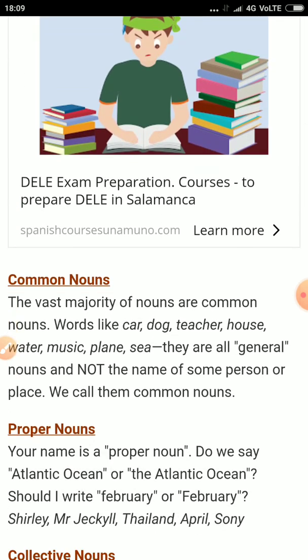Just come to the next portion, the common noun. What is a common noun? The vast majority of nouns are common nouns, like boy, girl, city, town, river.